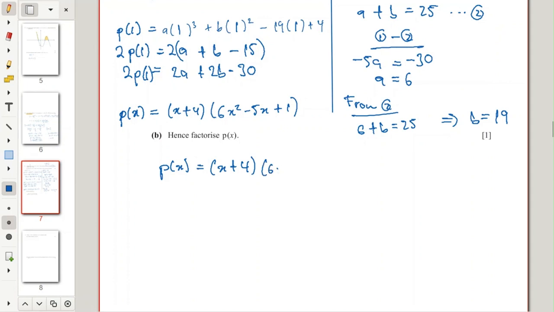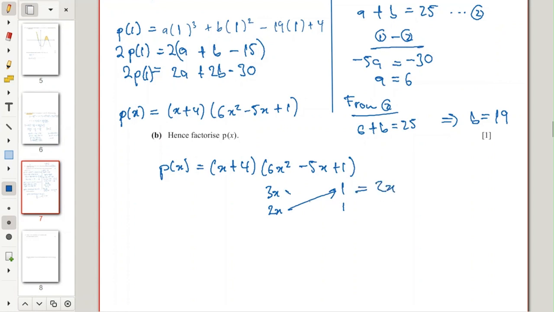Basically, you're going to work on the quadratic. You can break the quadratic down. So this is the same as 3x times 2x. It will give you 6x squared, right? 1 times 1, you get this. So now let's cross this one.